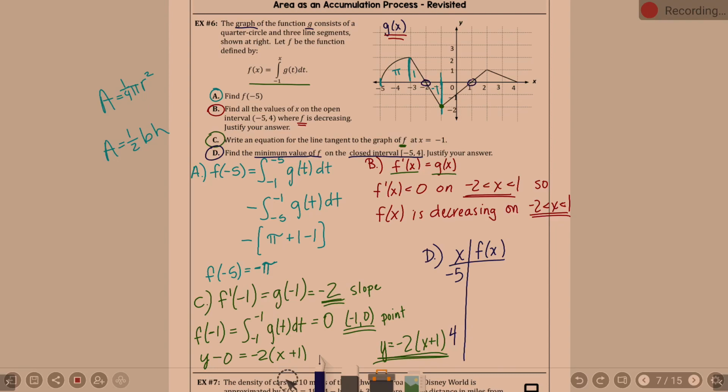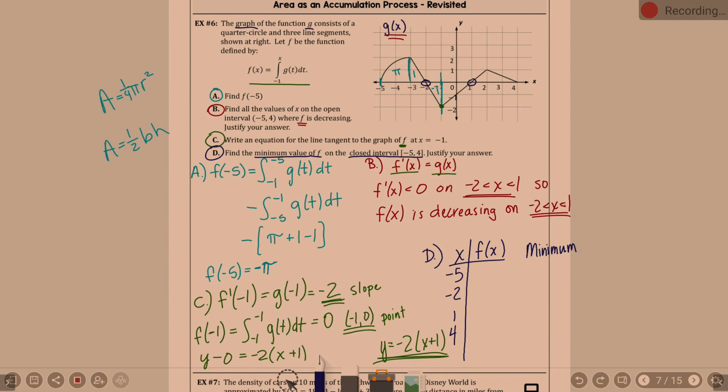Now, we are looking for a minimum. Some of you already ruled one of those out, and I totally agree. A minimum, well, this one goes from positive to negative, so it's going to go from increasing to decreasing.